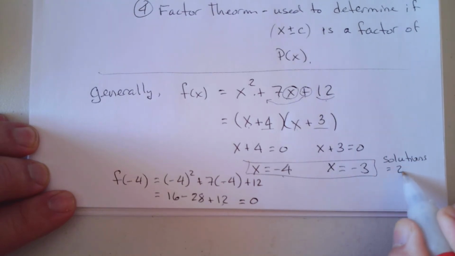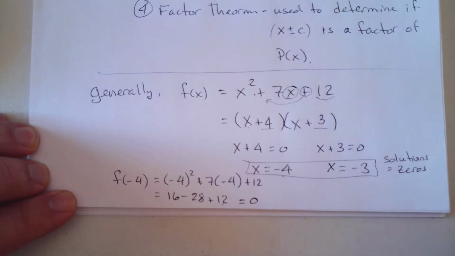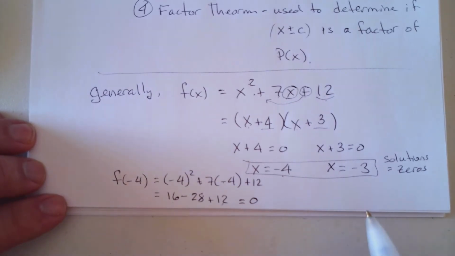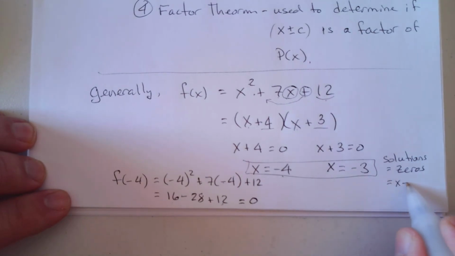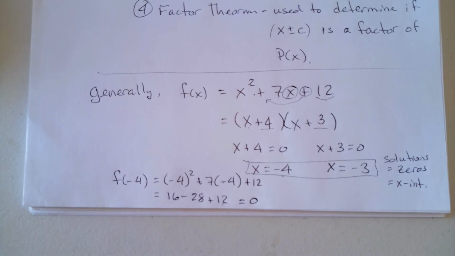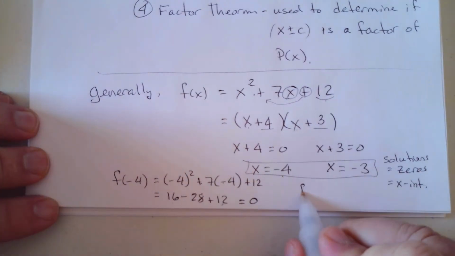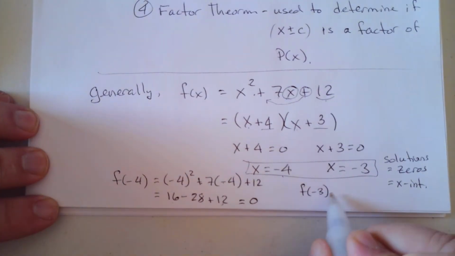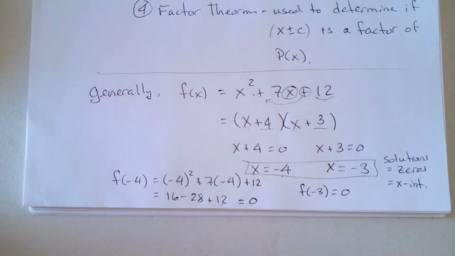They're also the zeros, because if we plug them back in the equation, it'll be 0. And because it equals 0, that's also why they are the x-intercepts. Same thing happens if we plug -3 back into the equation, it'll equal 0.